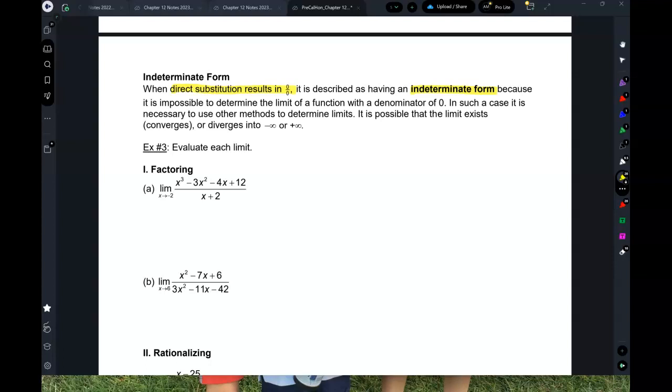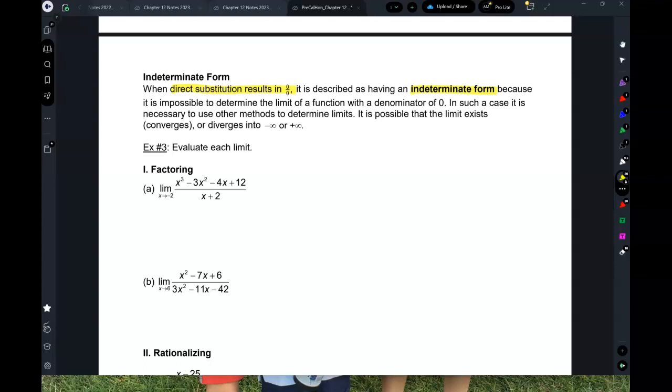It's indeterminate because when you have a number divided by 0, like 3 over 0, as the denominator approaches 0, that will be infinity. But when it's 0 over 0, it's indeterminate, meaning you can't really ascertain. You need a little bit more information.